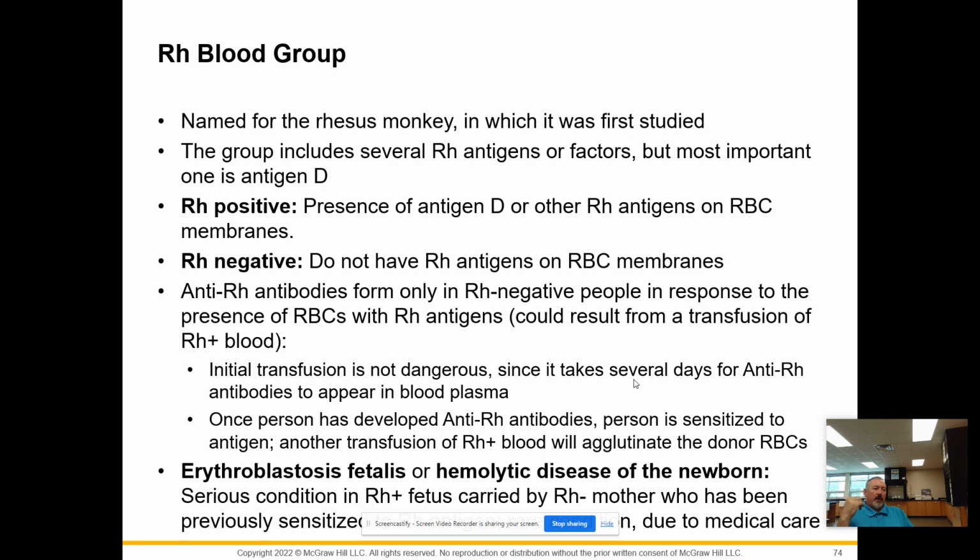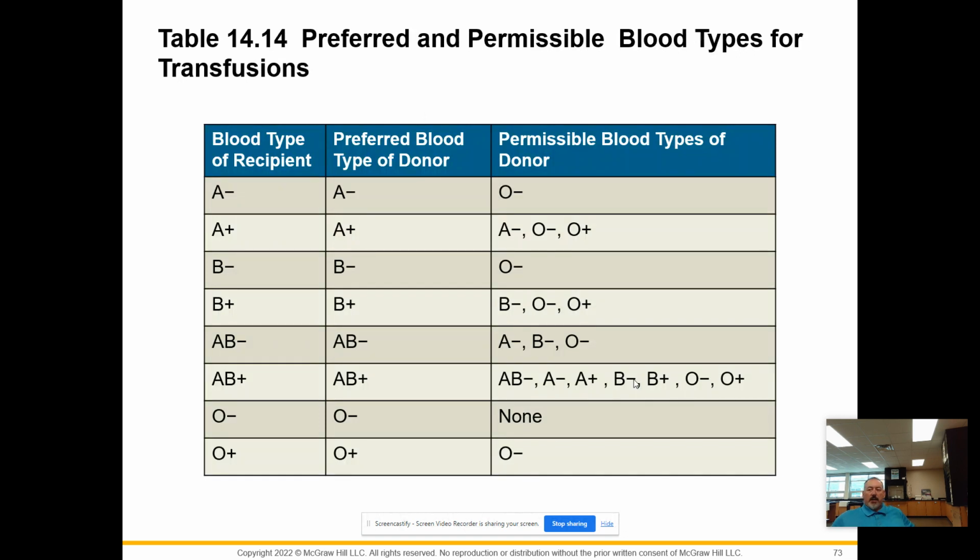And so if you go through and even further refine that table, now we can appreciate a little bit more who can give to what. Notice that A positive can receive from O negative, O positive, A negative, as well as A positive. And so this is the preferred donor. This is like the perfect match, the exact same thing.